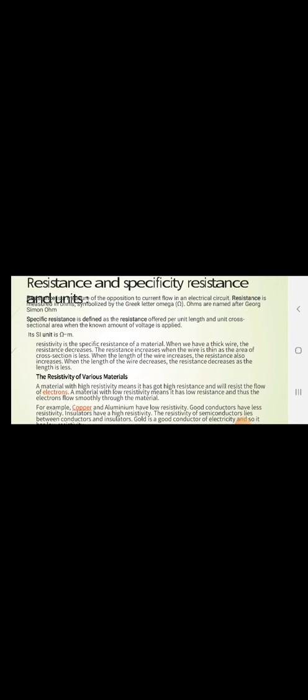As the length increases, the resistance also increases. What about when we have a thick wire? The resistance decreases. That means if the area of cross section is large, the resistance decreases, and the resistance increases when the wire is thin. But if the length is large, then resistance increases. If the length is small, the resistance decreases. So looking at the resistivity of various metals, the materials with high resistivity have high resistance and will resist the flow of electrons.